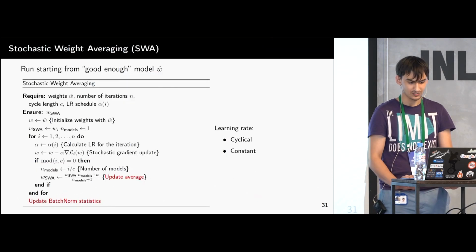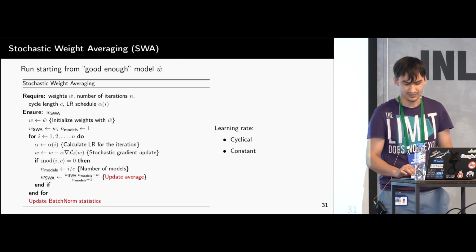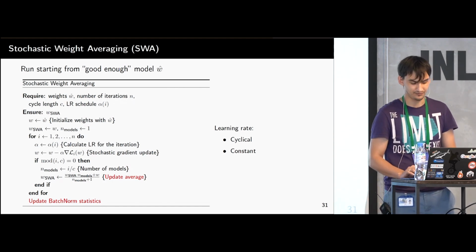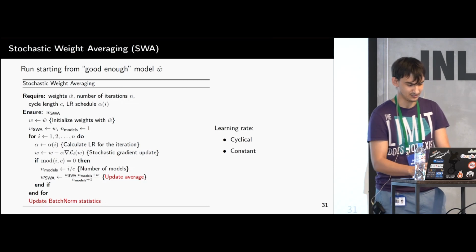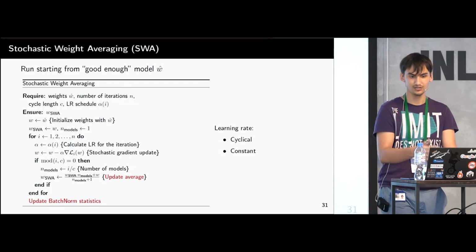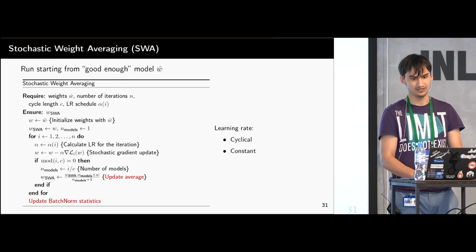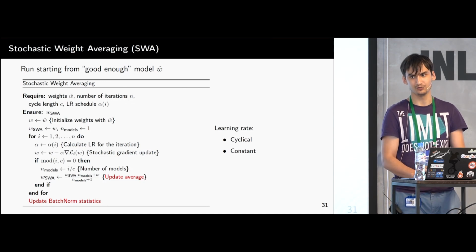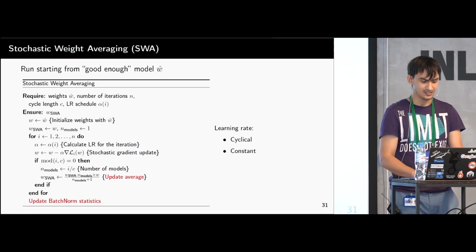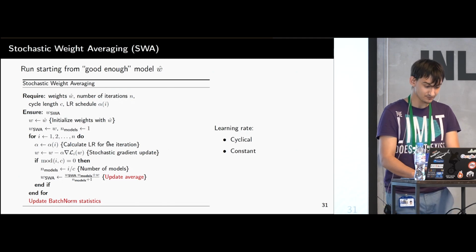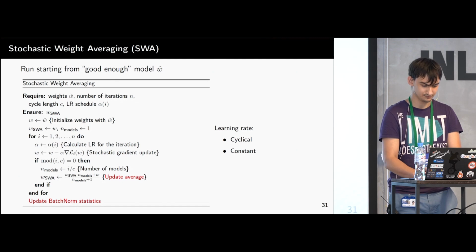powerful. The algorithm for SWA is basically the same as the algorithm for SGD. You just at first warm up your model, like train a neural network to convergence or almost to convergence. And then you perform the same SGD iterates for several more epochs.